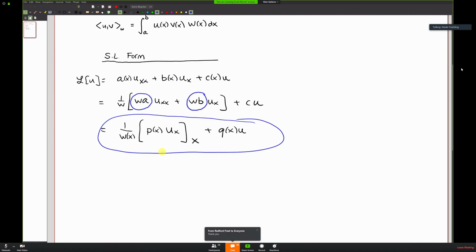If I remember correctly, you want WA, the derivative of WA to equal WB? That's right. So we want WA prime equals WB, because that makes this an exact derivative of a product.